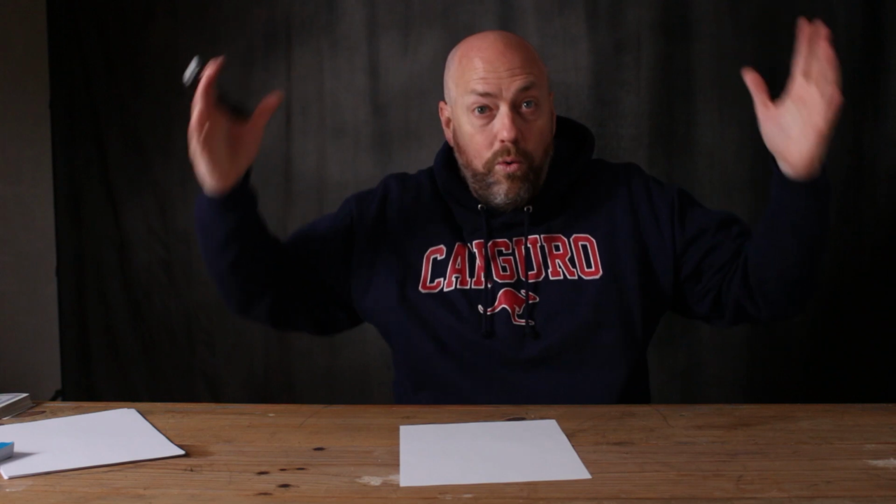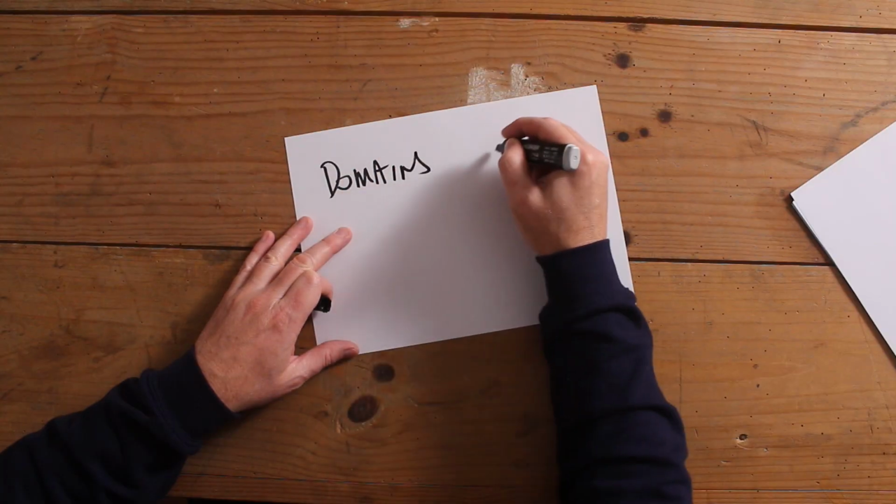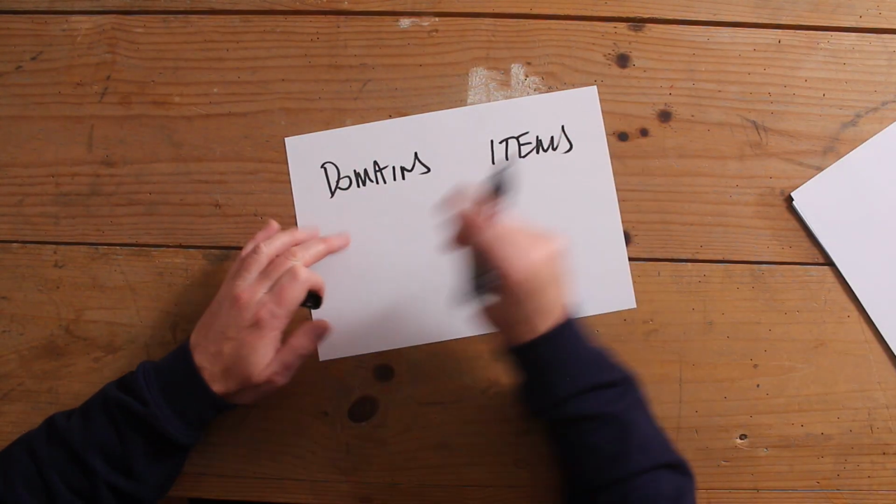Let's imagine that I give you the job of testing the level of English of everyone in your country. How would you do it? Well, you can't test every single thing in English because it would be impossible. So you have to select a small number of things to test that represent the whole of English. In the world of professional testing, these things are called domains and items.